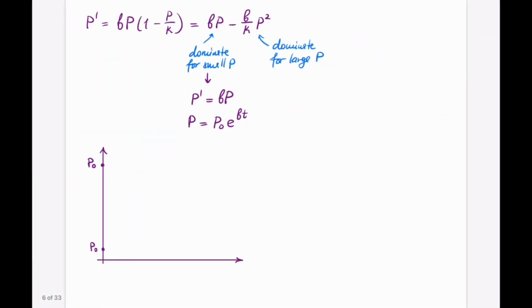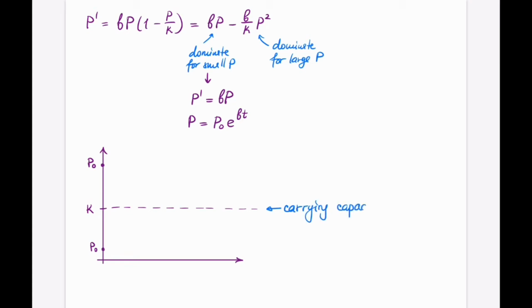I also know that no matter what, for small values of p, so near the origin, my behavior has to be exponential. So I'm going to use here the information that I haven't actually derived yet, and that is the fact that this value for k is in fact the carrying capacity. I am providing you here with information that you're just going to have to believe me for here, and we will derive later. This is, as already mentioned, called carrying capacity.